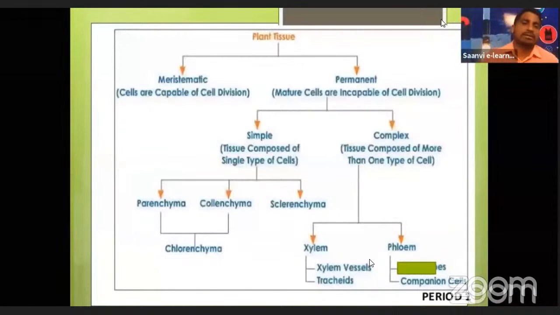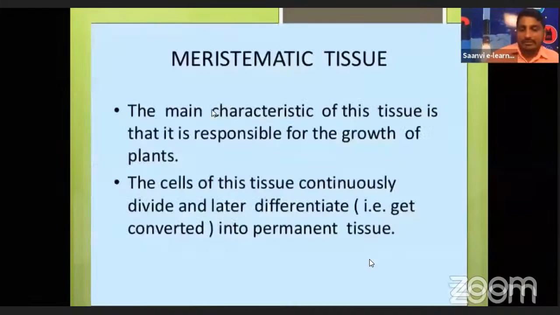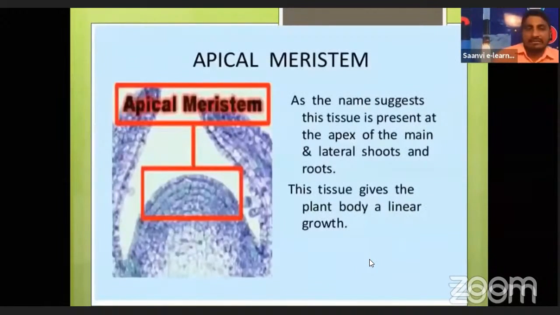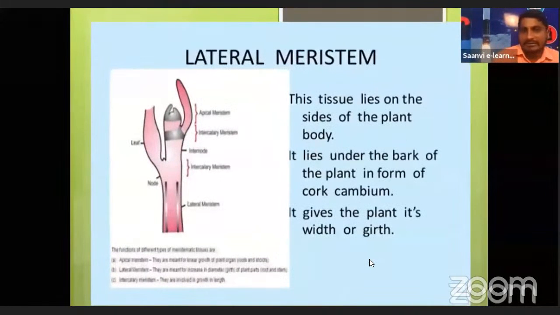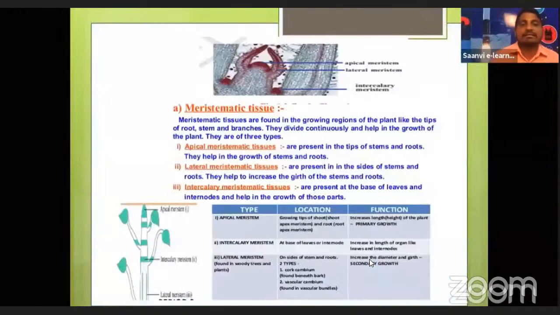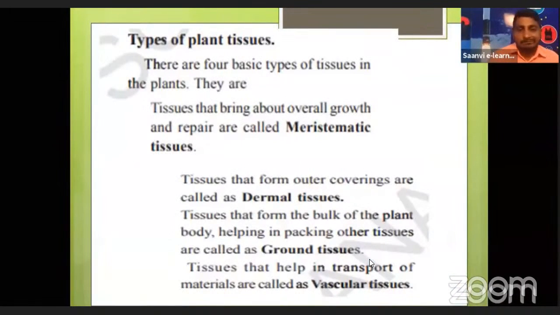Okay, let us go for the next slides and discuss deeply also. I will come up with interesting slides like this in the next class. We can meet with these interesting slides and discuss the particular tissues.